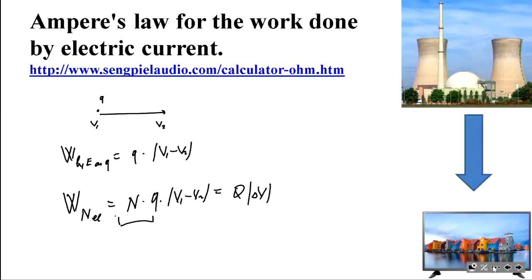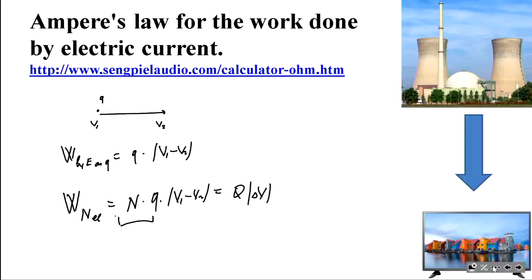But those electrons are being resisted by collisions, and those collisions exert on average a force which opposes the electric field, and the work done by that force should have the same magnitude but opposite sign.